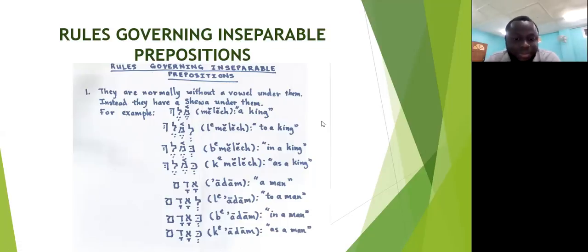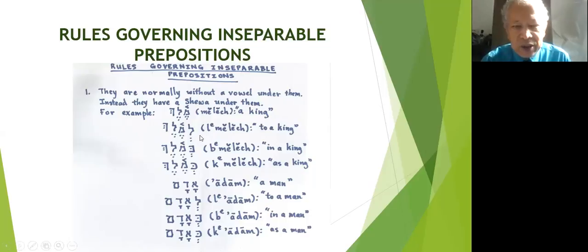So notice also that the simple schwa is pronounced like the E in "because." Notice I say "because" so fast that you can hardly even hear the E in the word.